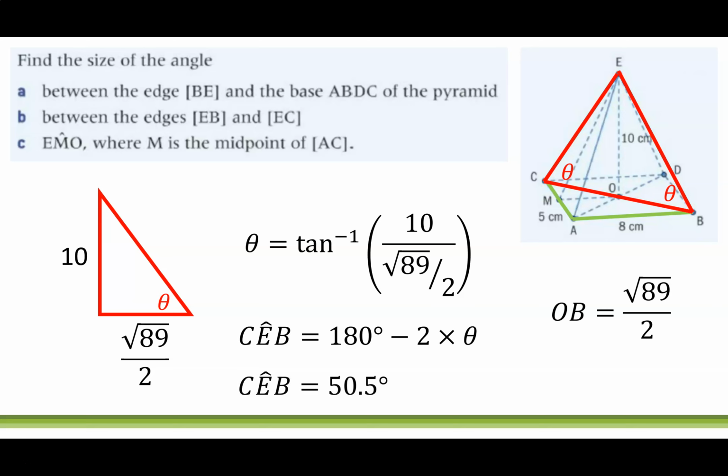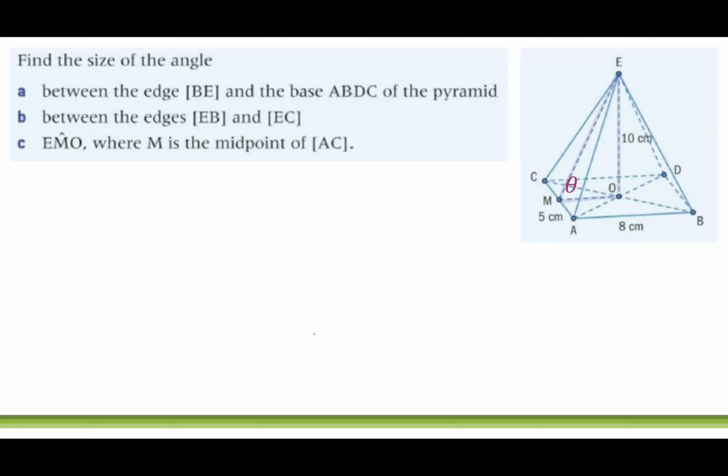Well, we're going to notice that CEB right here is 180 minus these two thetas here. And since we've already found out previously what that angle was, you have to put that times minus 2 of those in there, and you'll see that those angles must be 50.5. Okay, well that was the one at the top.